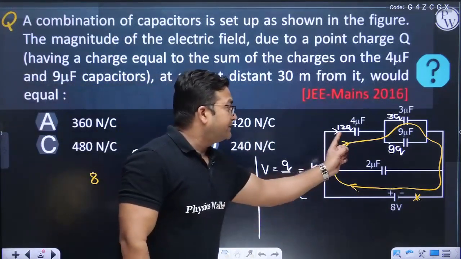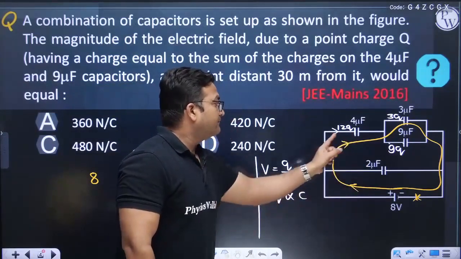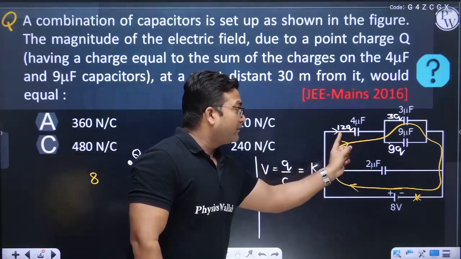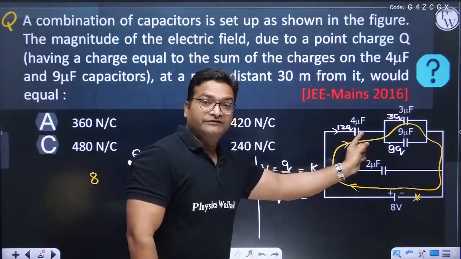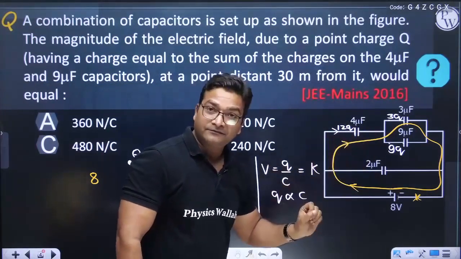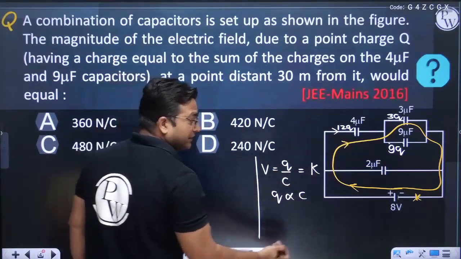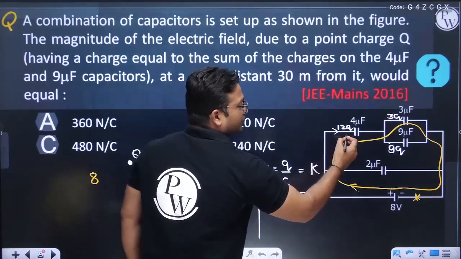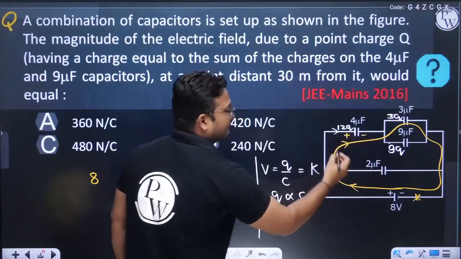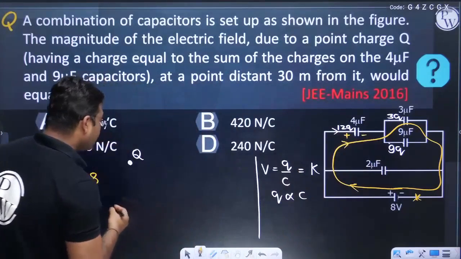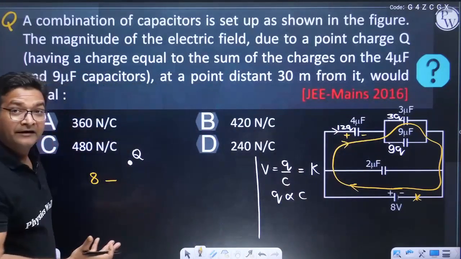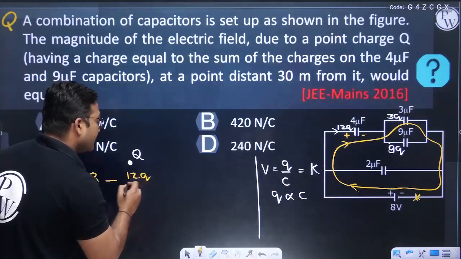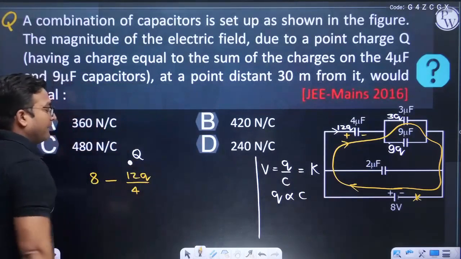Then I cross this capacitor because there is nothing till this point. If I cross this capacitor in this direction, obviously potential is going to decrease. Why? Because the positive terminal of the battery will give it positive charge, so this plate will be positive and this will be negative. So potential will decrease, and potential in a capacitor is written as Q by C. So we have 12Q divided by 4 microfarad.